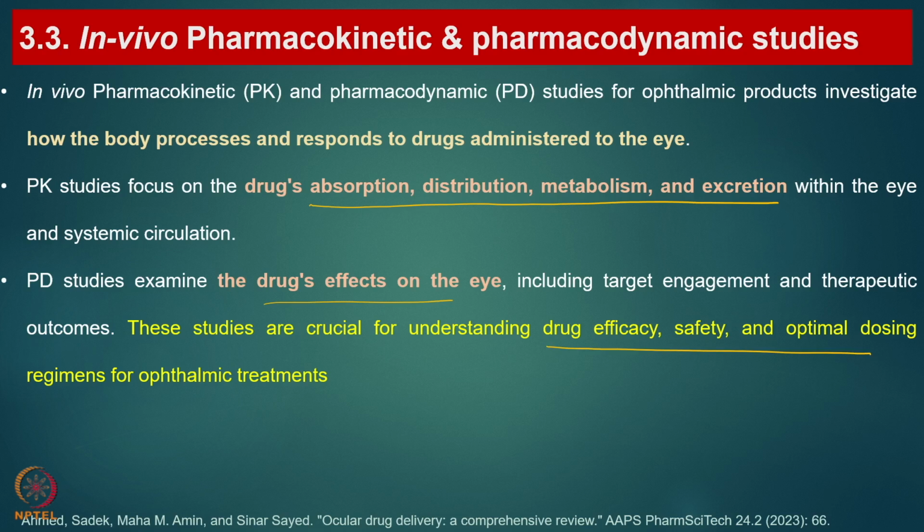The overall in vivo pharmacokinetic and pharmacodynamic studies we perform for various ophthalmic products to see how your formulation is responding to the disease, and how your eye or body is responding to the formulation or the drug-loaded formulation or to the drugs.